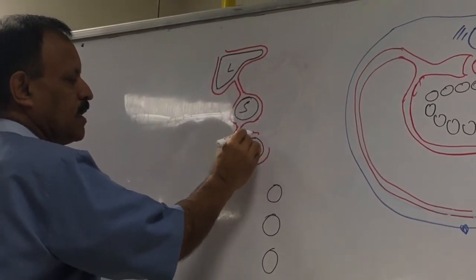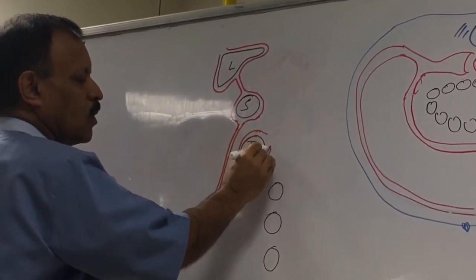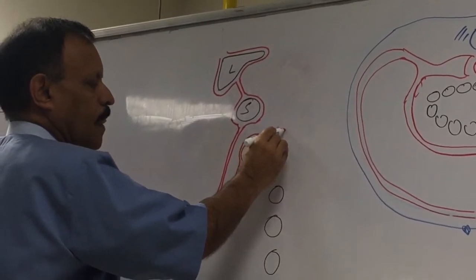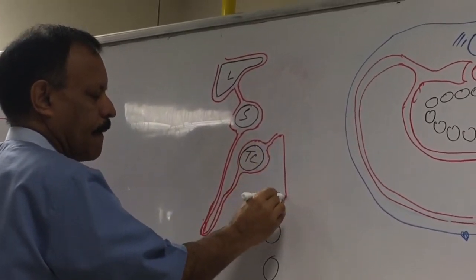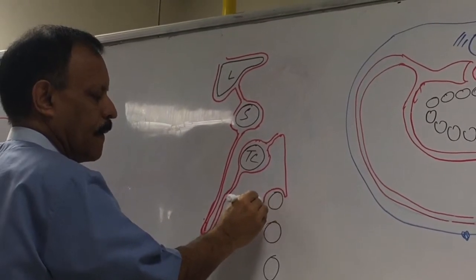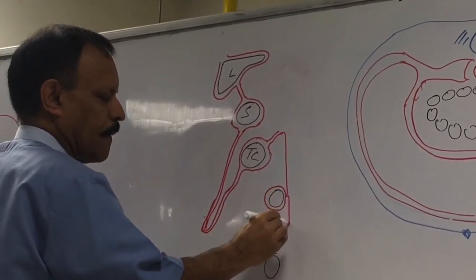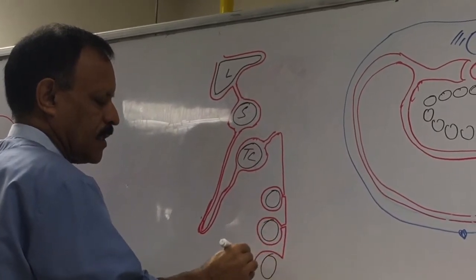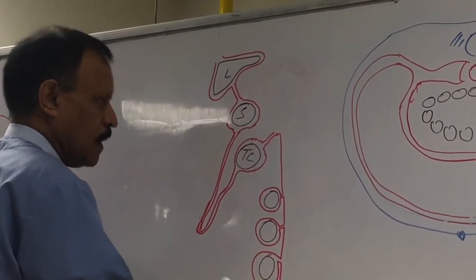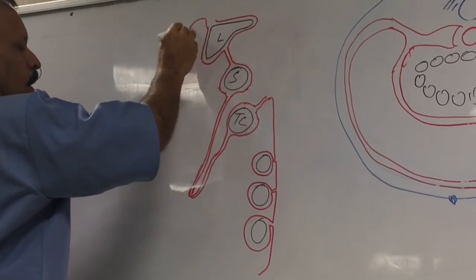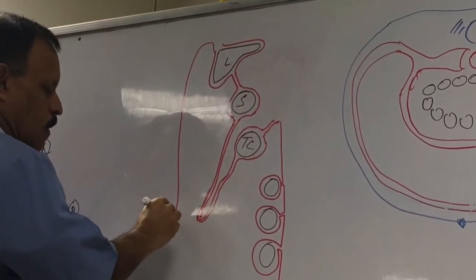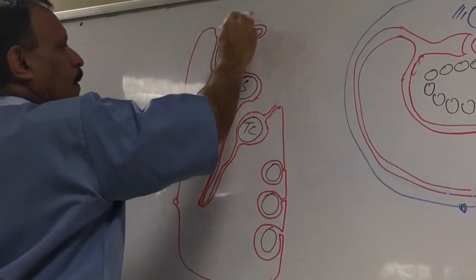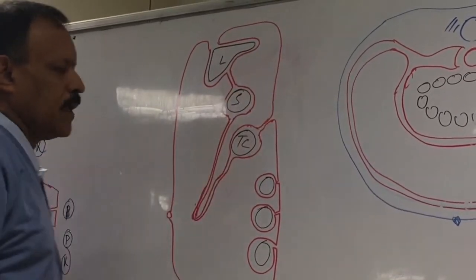And then covering the transverse colon and forming the transverse mesocolon. Covering the intestine, and then this part is the lateral view again, and this one is joined over here.